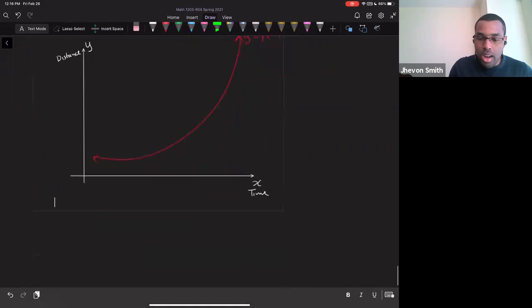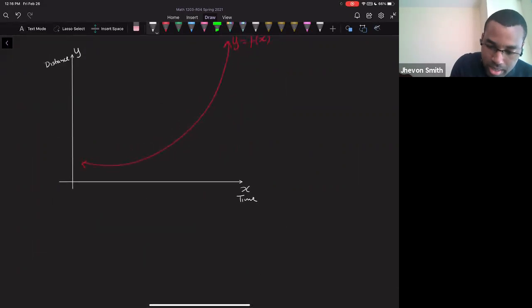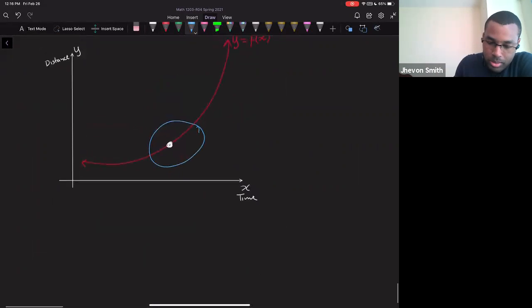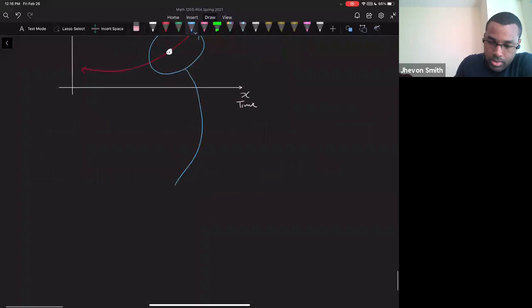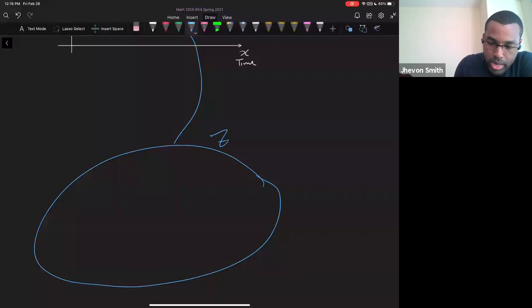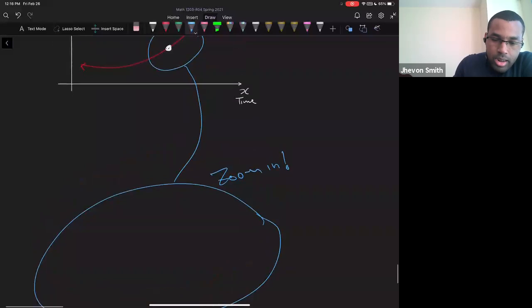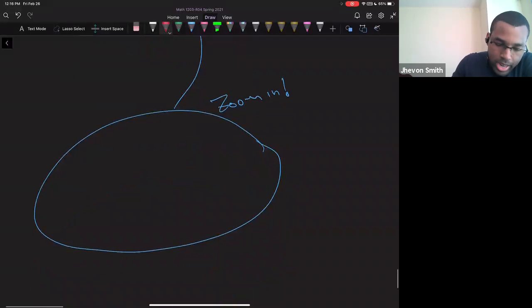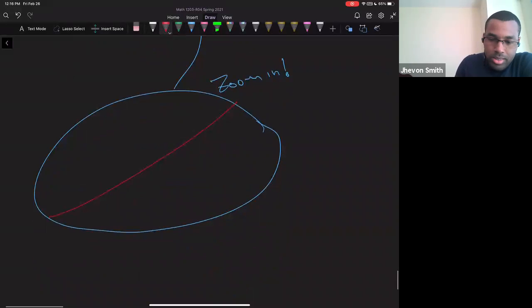You see, there's another scale in which it would look very flat, which is why some people believe in a flat earth, right? If I were to zoom in on this, then the curve actually looks a lot flatter, right?